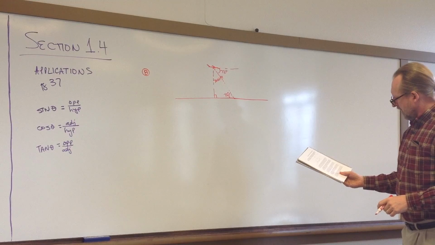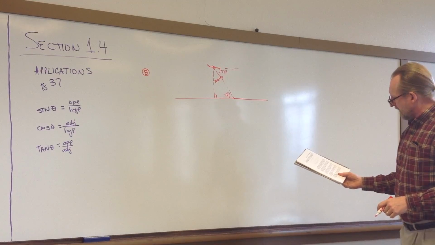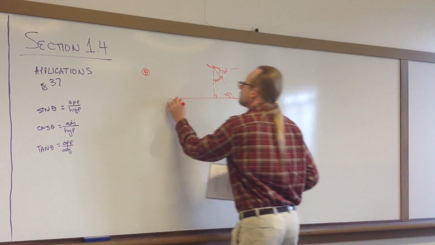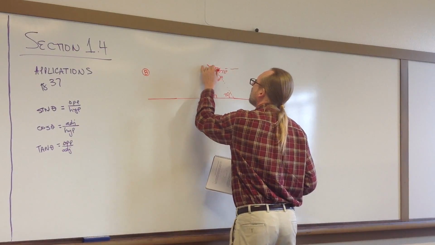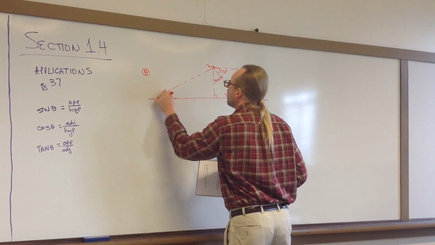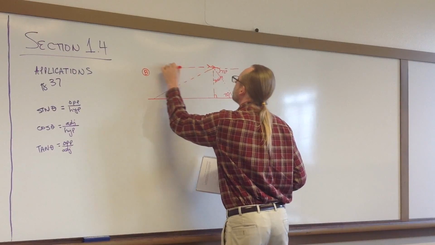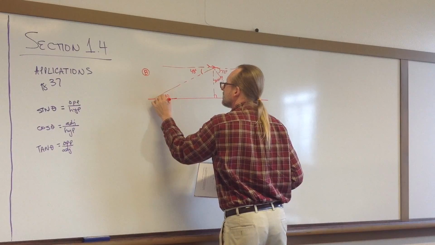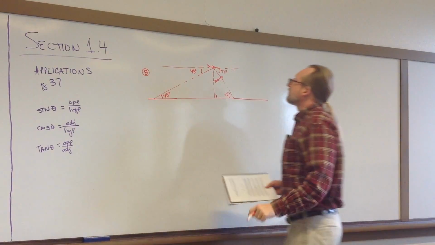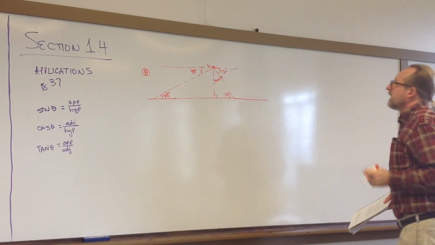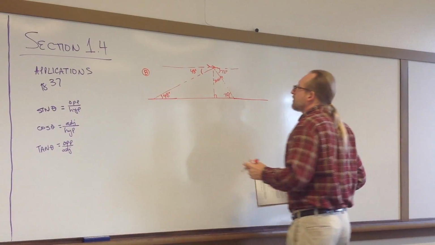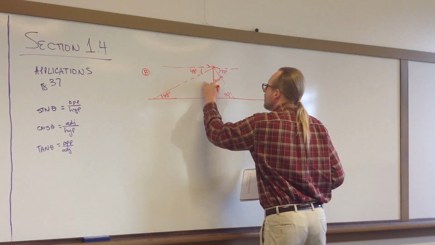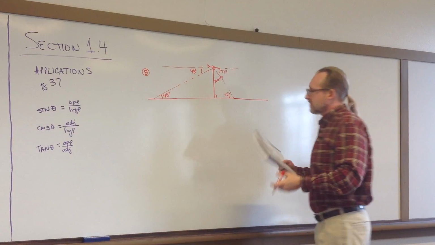And the car behind the plane has an angle of depression of 48. So there's our angle of depression, 48 degrees, and that means that this one in here is also 48 degrees. It's looking similar to that other problem, except this time we know what the height is.